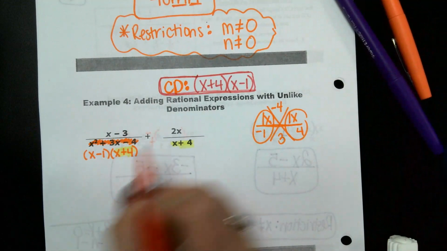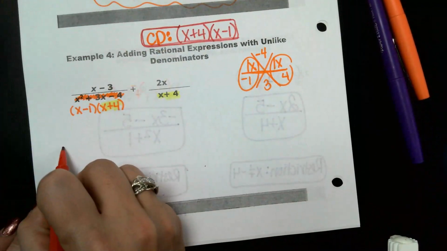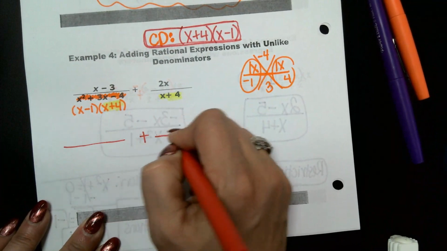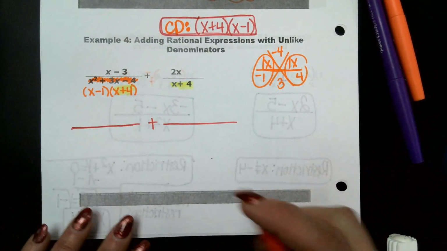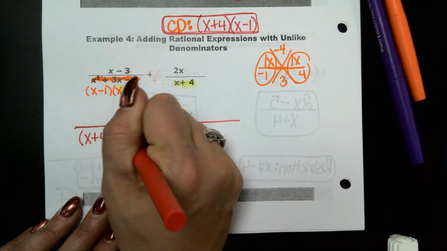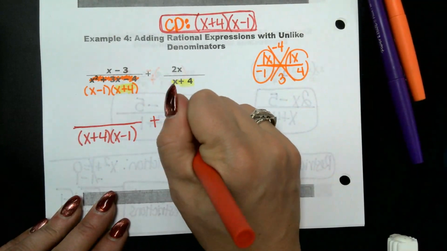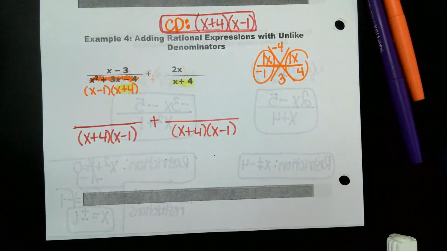All right, now, I'm going to do what I did before. I'm going to take that common denominator and get this problem set up with my new denominator. So we said it was x plus 4 times x minus 1. Now here's the good news.